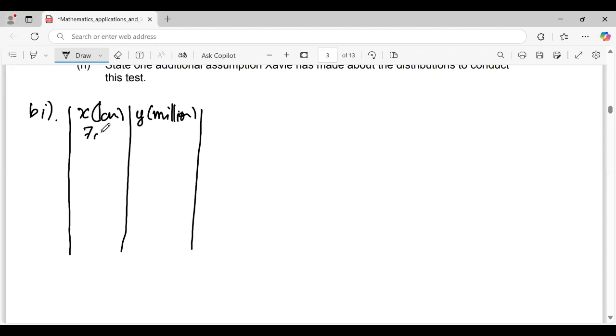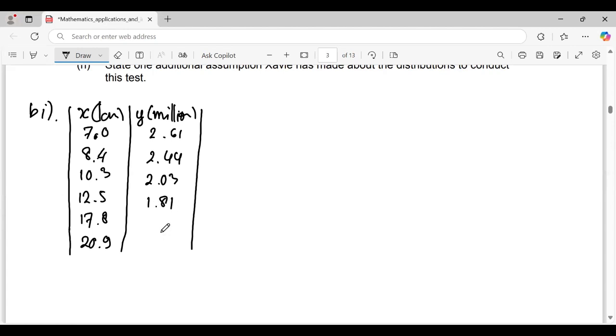The data is the same: 7.0, 8.4, 10.3, 12.5, 17.8, 20.9, and 2.61, 2.44, 2.03, 1.81, 1.45, 1.18.